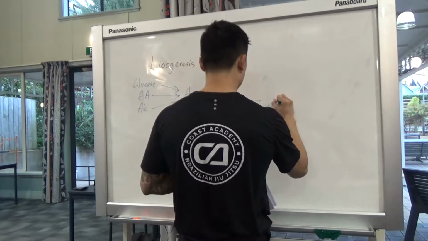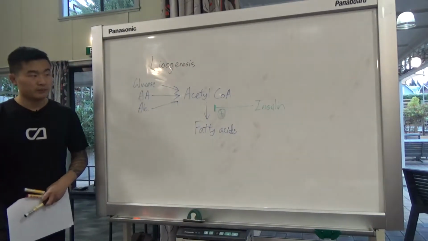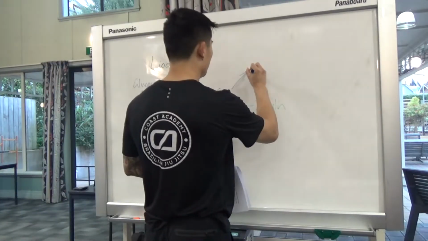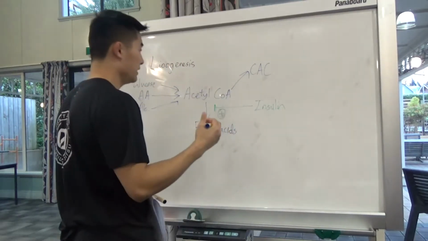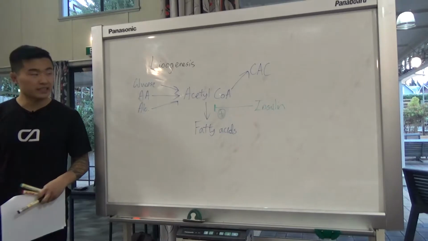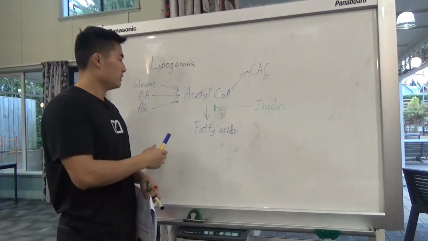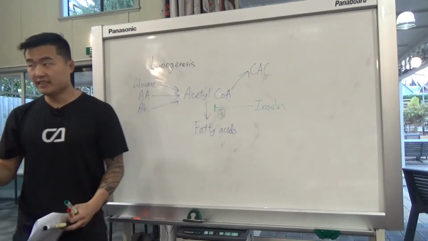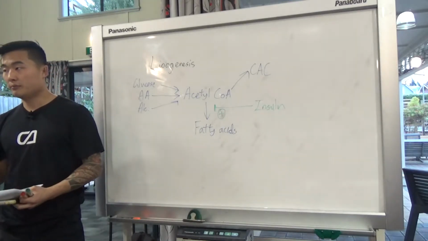by insulin, because remember that acetyl-CoA can also go into the citric acid cycle to create energy, but if we have a lot of insulin, that means that we've just eaten, so our blood sugar is going to be high, so we don't need to make any more energy.